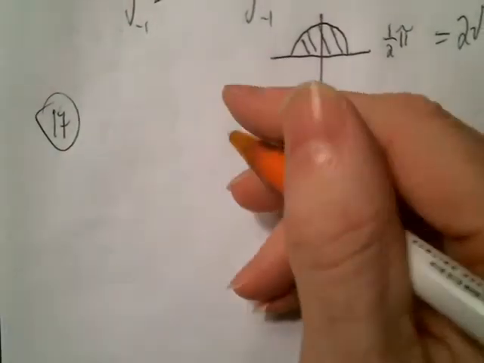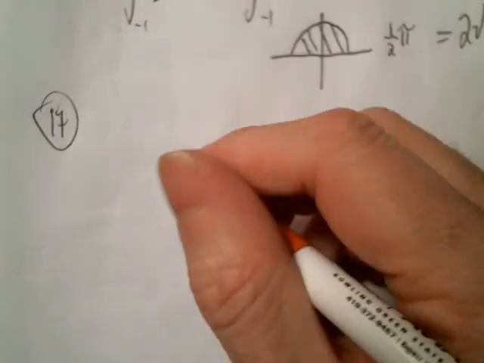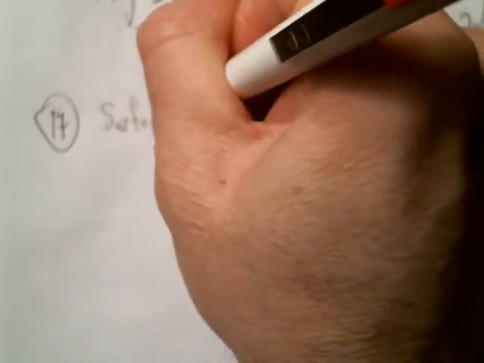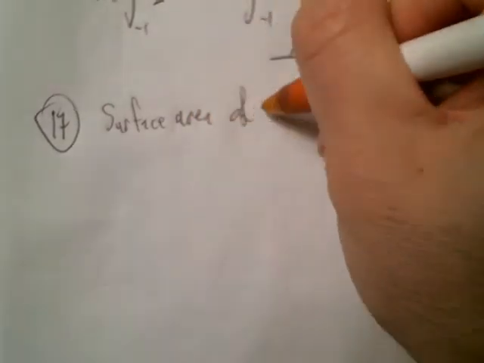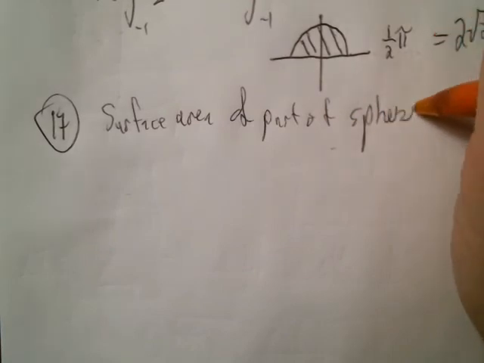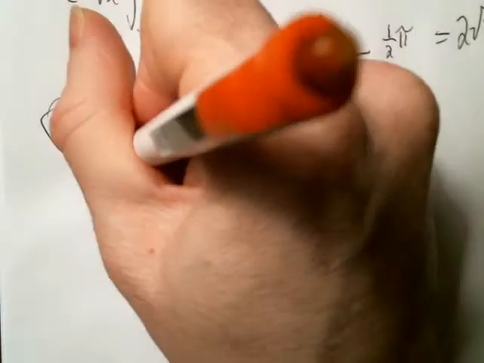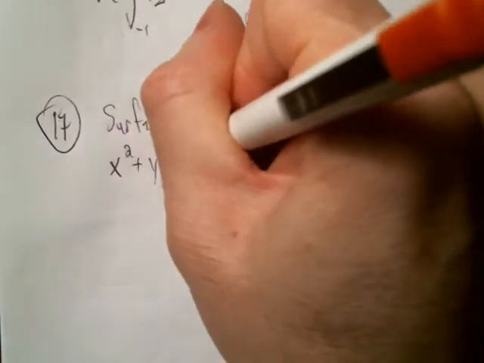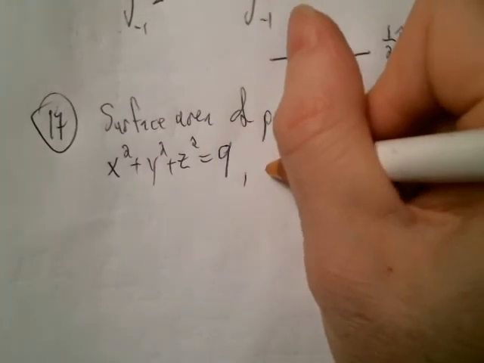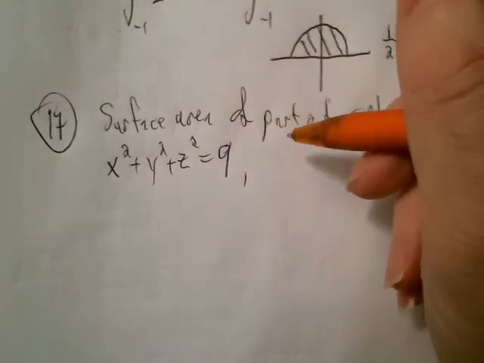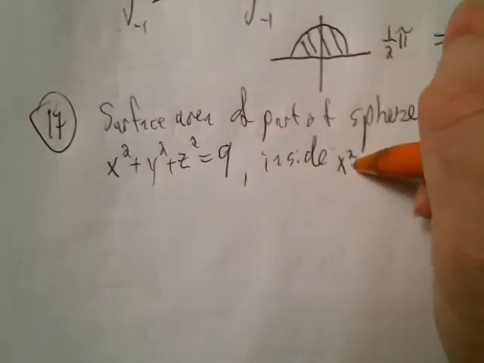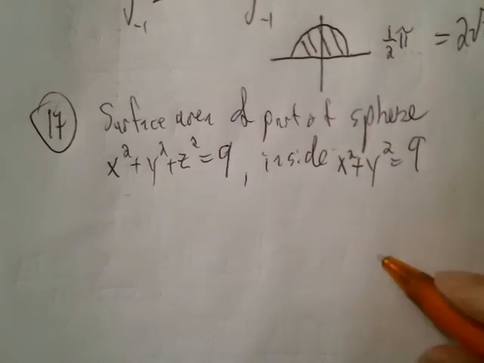Okay, so in this case, we want to find the surface area of part of a sphere. And the sphere is x squared plus y squared plus z squared equals 9. And then the part we want is the part inside x squared plus y squared equals 9, which is a cylinder.